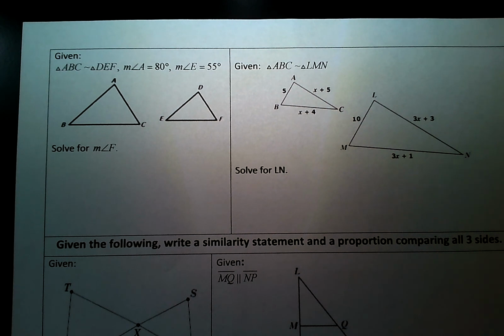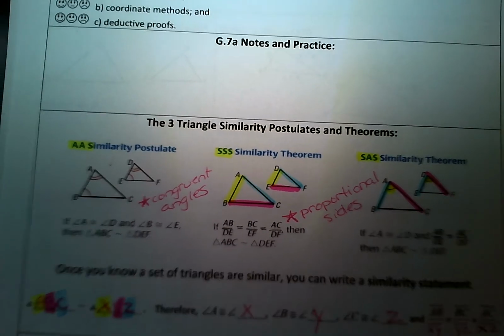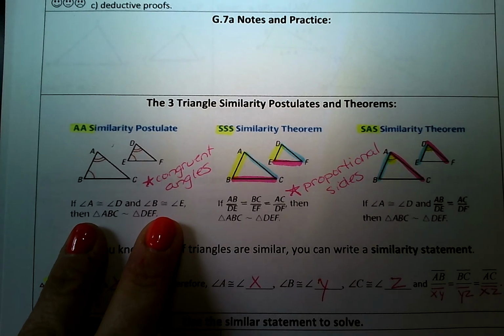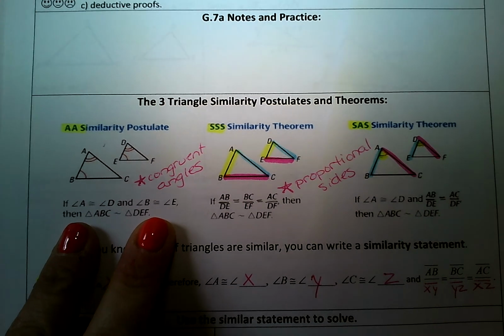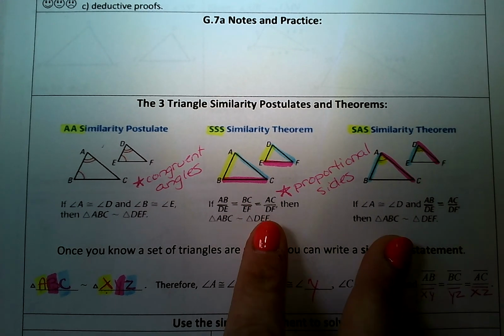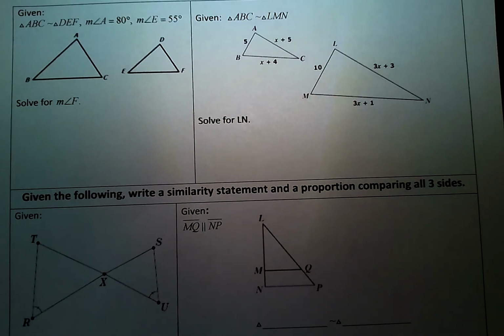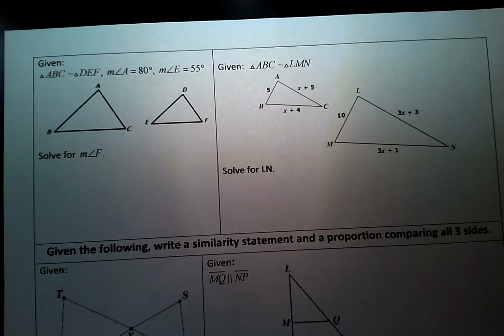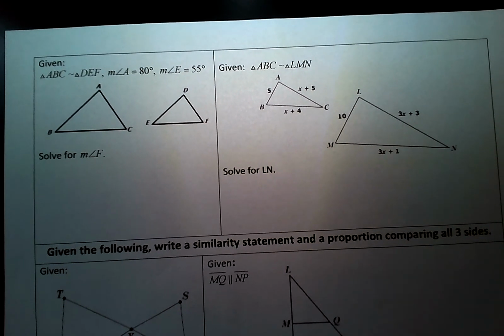So rewind a second. Look at our notes here on similar triangles. Triangles are similar if their angles are congruent. Triangles are similar if their sides are proportional. So in this example, we're working on angle measure, so we need to be using congruence. Angles are congruent.